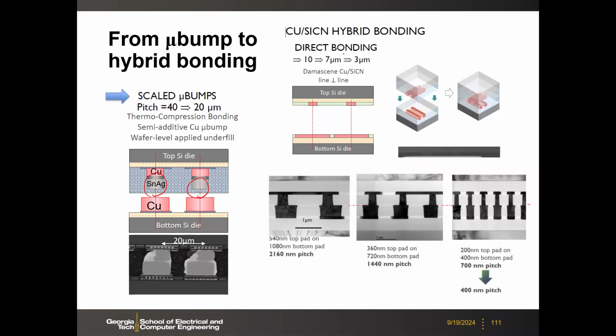Then the hybrid bonding is direct bonding. So it's copper pad to copper pad direct bonding. You make them contact, and then you have some processing to apply stress to glue them directly. So you can realize sub micrometer pitch if you do this hybrid bonding.